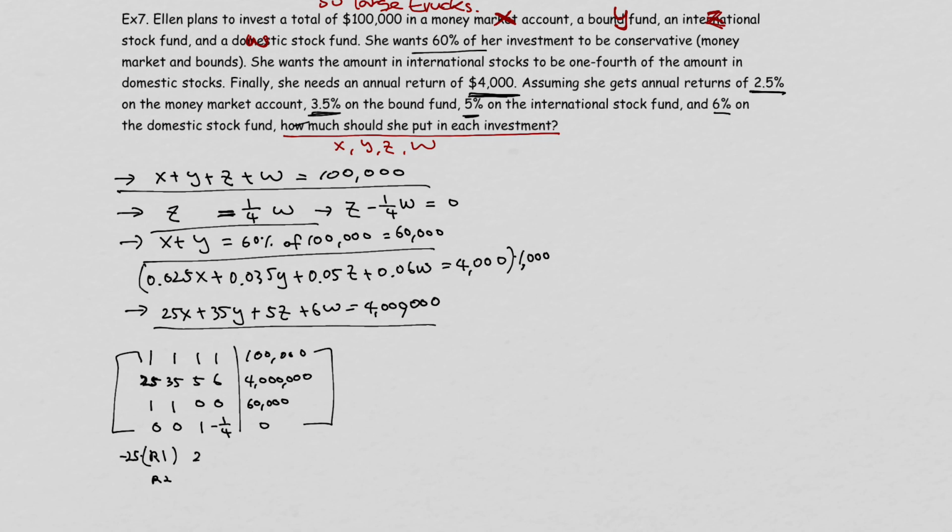So you get negative 25, negative 25, negative 25, negative 25. Negative 25 times 100,000 is going to be negative 2,500,000.